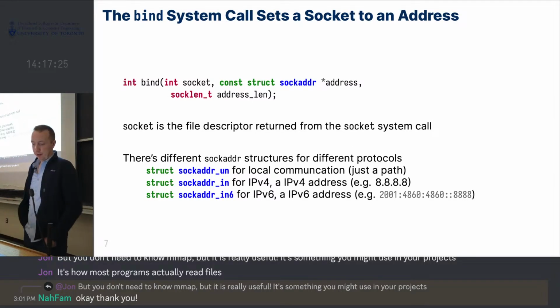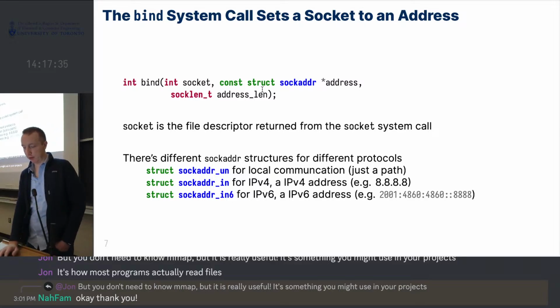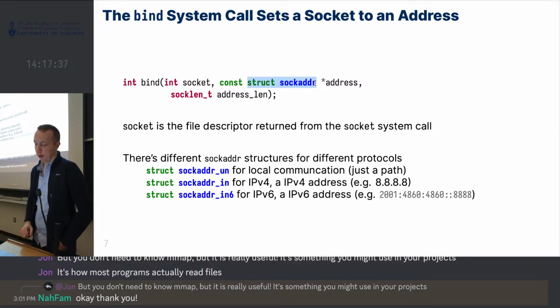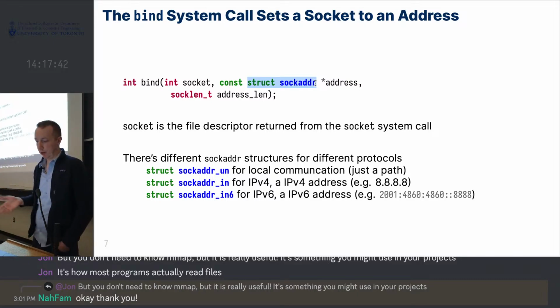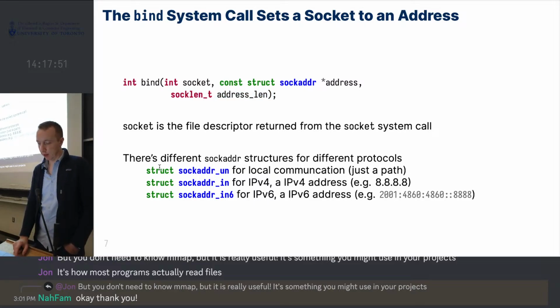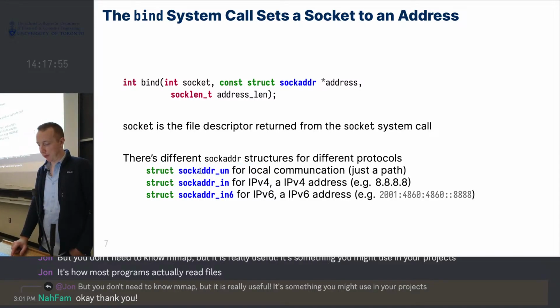All right, so the bind system call takes a socket file descriptor as the first argument, and then an address. The address is over two arguments: a struct socket address, which is different depending on what name you're trying to connect to, so there's one for each of the three different types. And the last one is a length, because it's C and it doesn't know how long it is, so you have to tell it. The three structs are sockaddr, short for socket address, and then underscore UN.